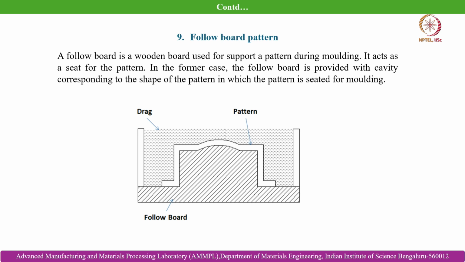Rather, in this case, when you use a follow board pattern, the follow board acts as a support to these overhangs present in the pattern, so that it does not experience failure during the ramming process itself, which can otherwise damage the pattern, and in turn it can also damage the design attributes of the cast part, which is intended to be developed out of the melting casting route.